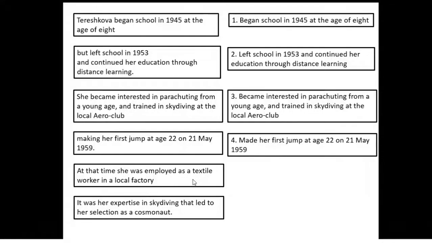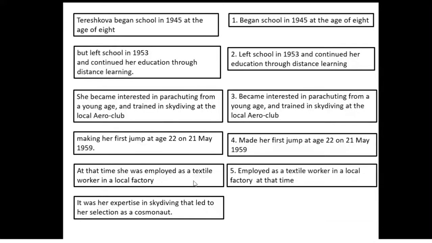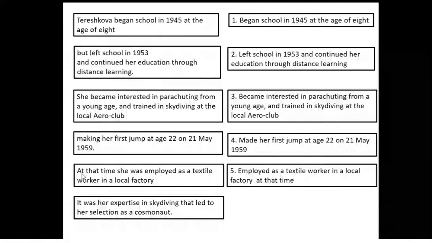And this is another point. At the time, she was employed as a textile worker in a local factory. And again, you can process this point in this way. Here first, the time phrase at the time.